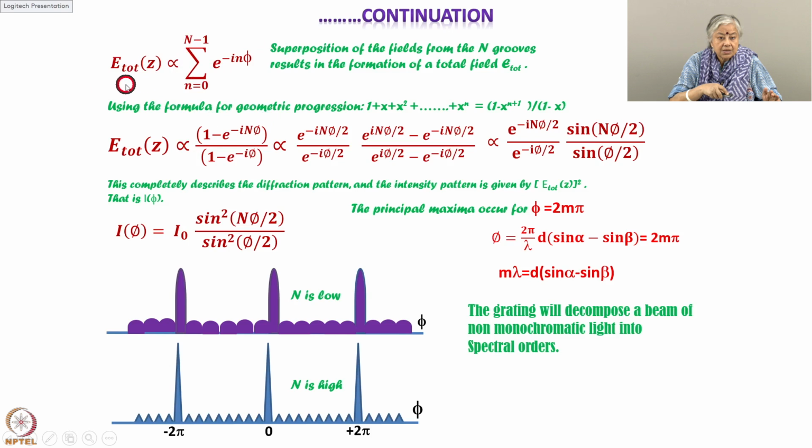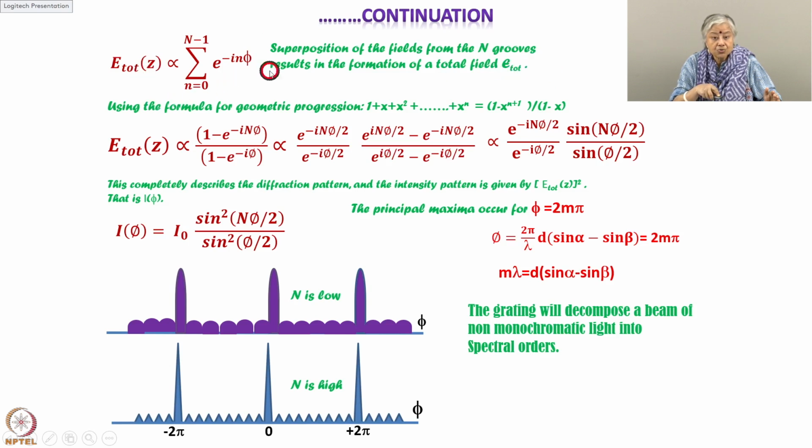So, E total z, I have put a proportionality sign here, is proportional to e to the power I n phi. Superposition of the fields from the nth groove results in the formation of the total field E total, which is this total.